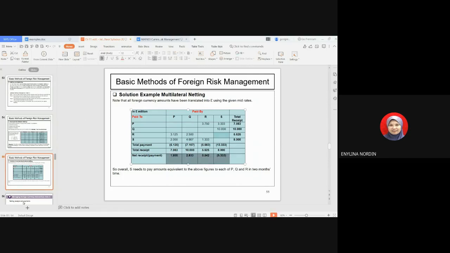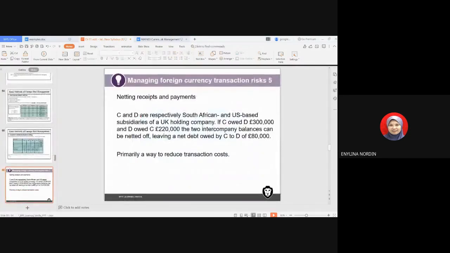Okay, next, here we can see another example. Netting receipts and payments. C and D are respectively South African and US based subsidiaries of the UK holding company. So if C owed D 300,000 pound, and at the same time, D owed C £220,000, you compare these two figures.